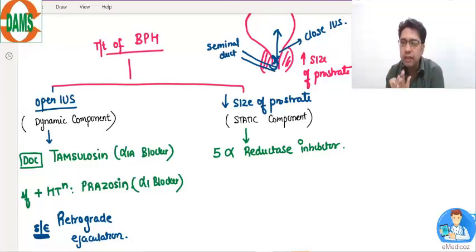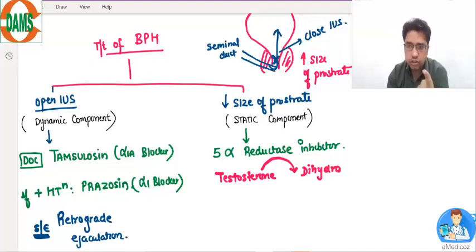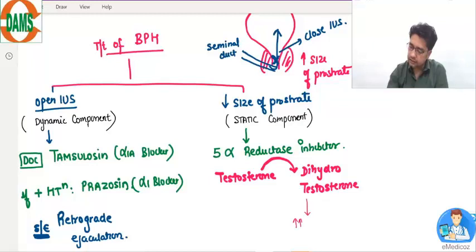Now, what do you mean by the word 5 alpha reductase? Let's understand this part. You know that in the body there is a hormone testosterone, but the more active form of testosterone is dihydrotestosterone. Reductase means addition of hydrogen. This dihydrotestosterone increases secondary sexual characters.